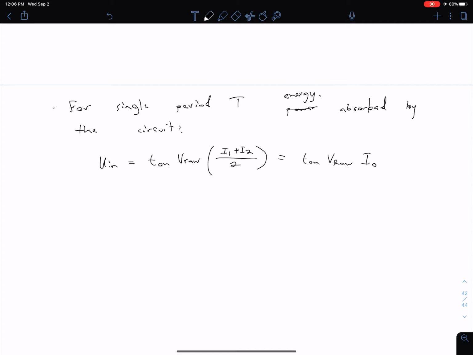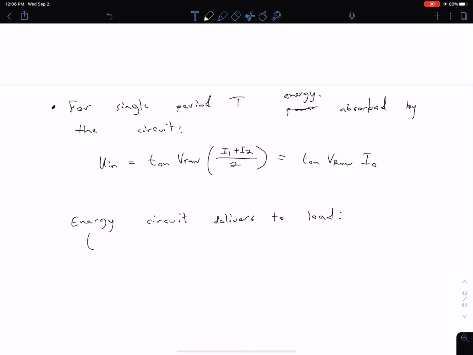Okay, so now if we consider the same period, we can look at the energy that the circuit delivers to the load. And one thing to note too is keep in mind that we're assuming that the circuit is lossless.